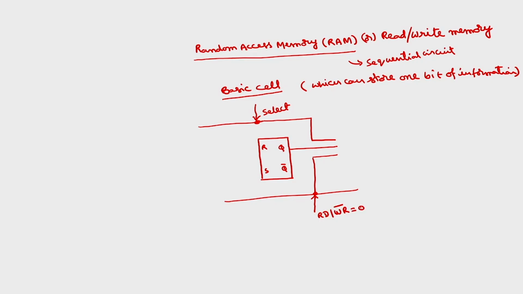If this is 0, because write bar is complement, this is write operation. If this is equal to 1, which implies read operation.